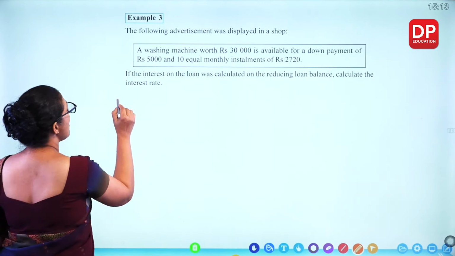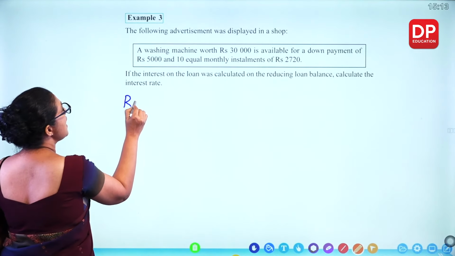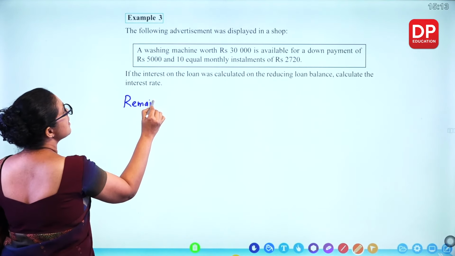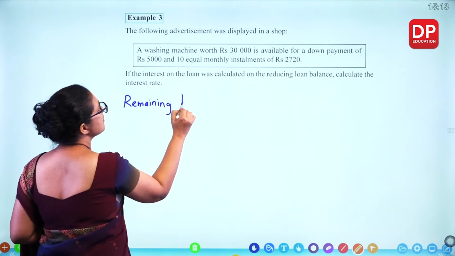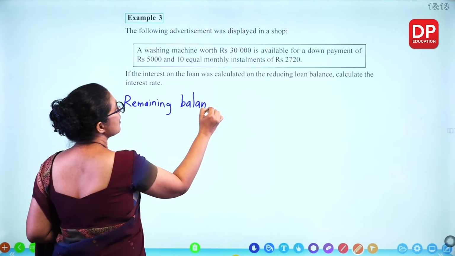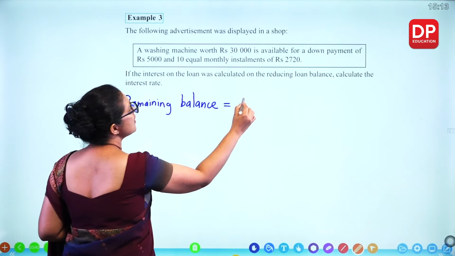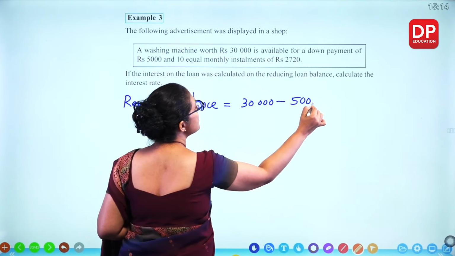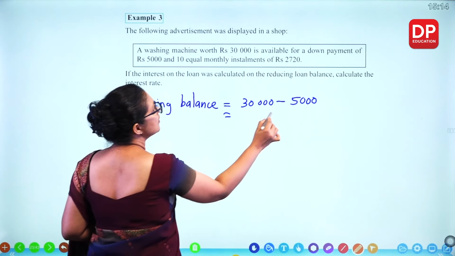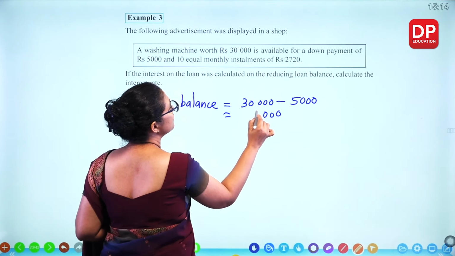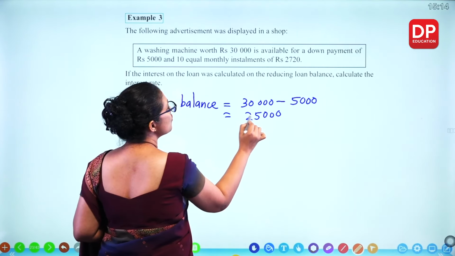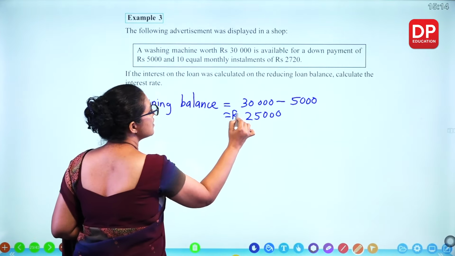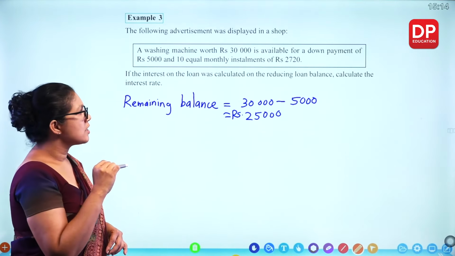So first you have to calculate the remaining balance. 30,000 is the total amount and the down payment is 5,000. 25,000 is the remaining amount.